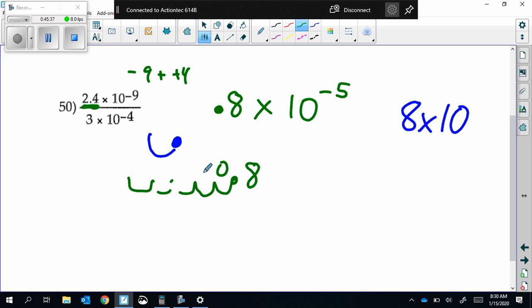Because negative means it's got to be a decimal. And then we're going to take that answer and change it back into scientific notation, moving it 1, 2, 3, 4, 5, 6 spots to put it where we need it. Since we moved it 6, that's got to be a negative 6. If you get confused, just draw it out and draw the little humps to keep track of it.